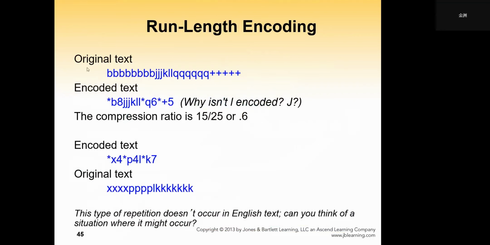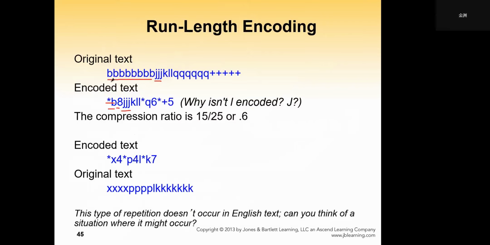Here are 2 examples. For example here, it is star B, and we count how many B's occurred here. It is 8. And here, this is also a repeated string, but we do not encode it using run length encoding, because it is only repeated 3 times.